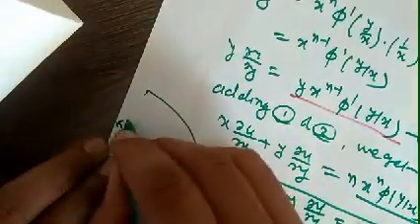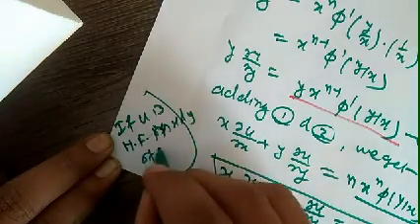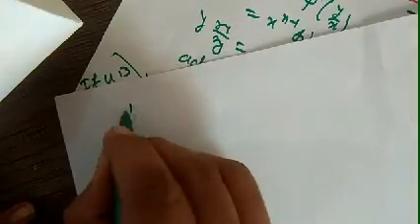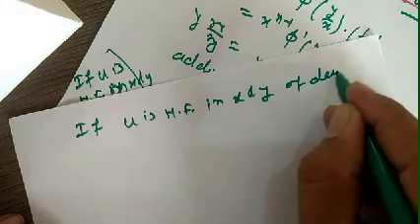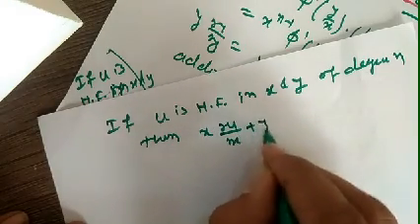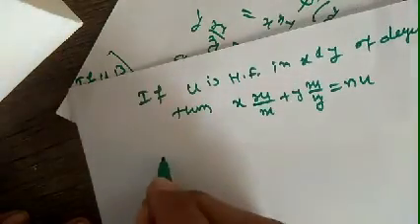The moral of this story is that if u is a homogeneous function in x and y of degree n, then x into del u by del x plus y into del u by del y is equal to n u. In a similar way, I will generalize this.